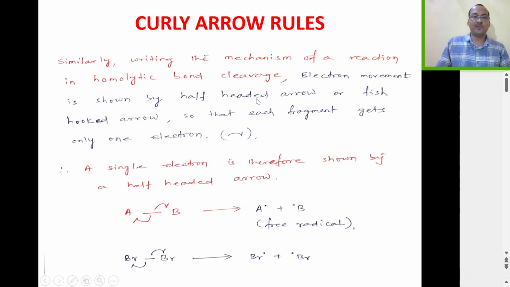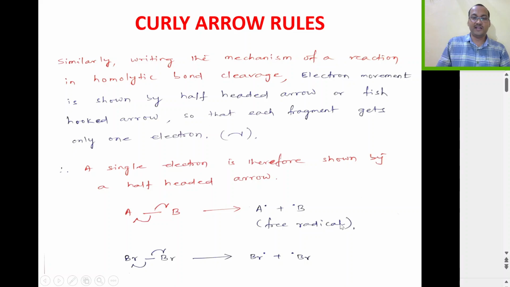But in homolytic bond cleavage, each atom gets one electron. A single electron is therefore shown by a half-headed arrow. While writing the mechanism, you have to show the movement of the electron by this half-headed arrow in homolytic bond cleavage. Here atom A gets one electron and atom B gets another one electron.